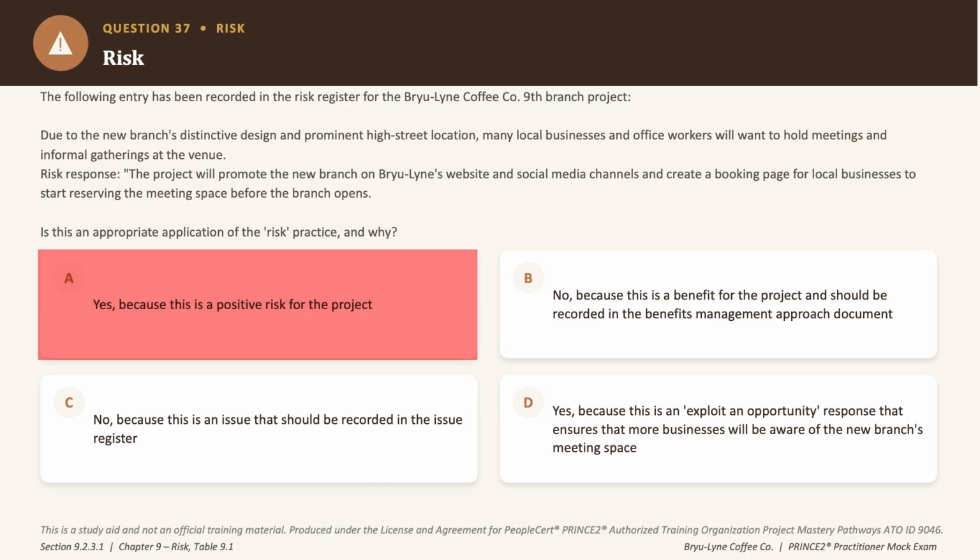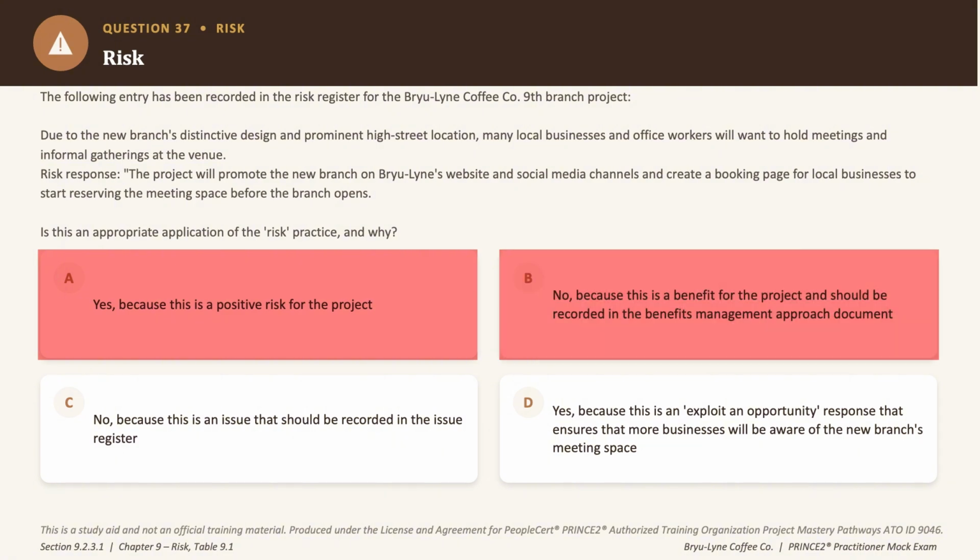Option B tries to reframe this as a benefit for the benefits management approach, but a benefit is a measurable improvement resulting from outcomes, not an uncertain event which is still being managed. So eliminated as well. Option C calls it an issue, but nothing has really gone wrong here, right?